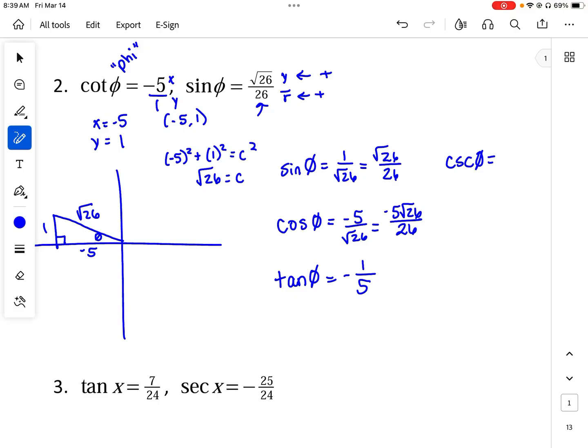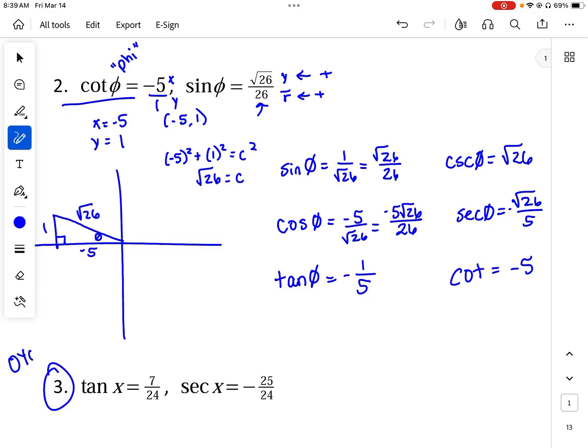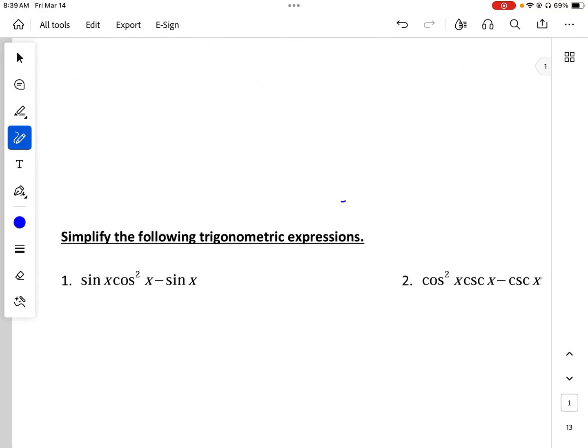Cosecant, I go back to my original 1 over square root of 26, and that says square root of 26. Secant is square root of 26 over 5. Don't forget your negative. And then cotan is negative 5 over 1, or just negative 5, which we already knew from here. Okay, I'm going to leave you to do this one. So this is on your own.